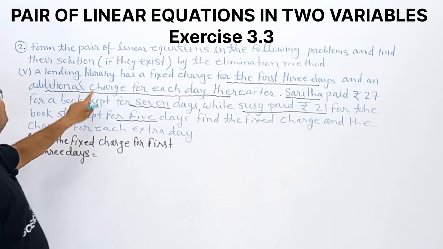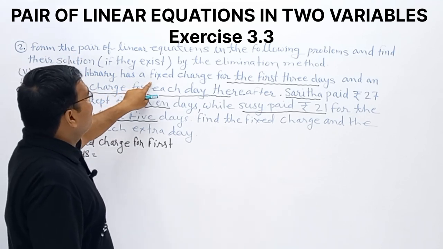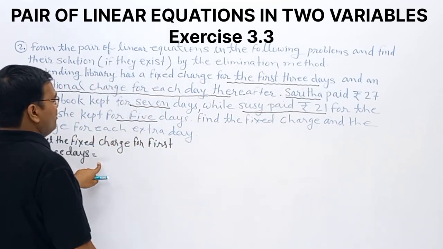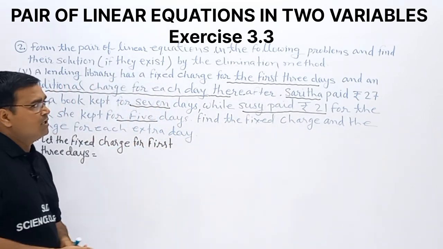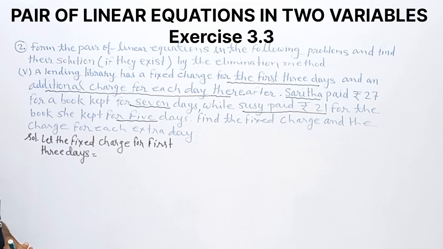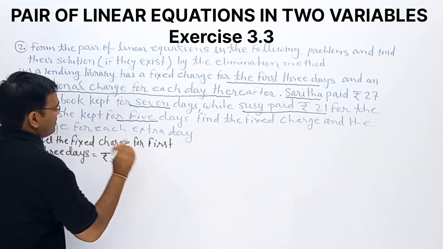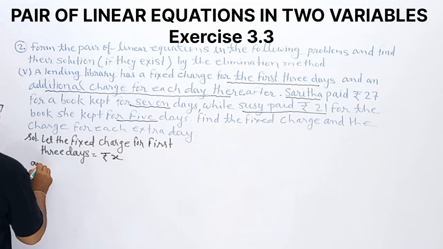For the first 3 days, the library has a fixed charge. Whatever book we take from the library, the first 3 days charge, we assume this charge is rupees X.